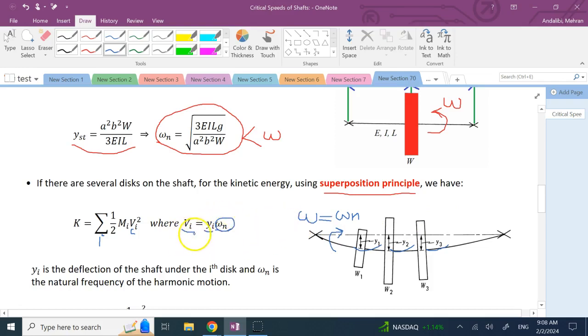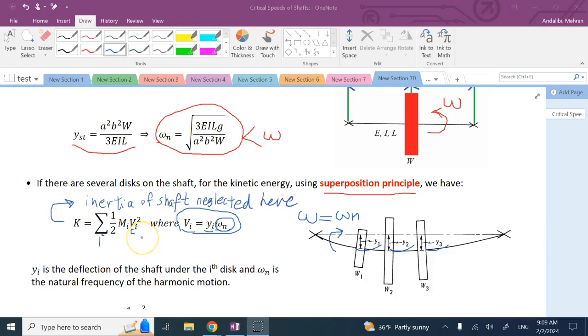So this is what we have, and again, what did we neglect? We neglected the inertia of the shaft itself. Can we add it? Absolutely, but here for simplicity we are just neglecting that.